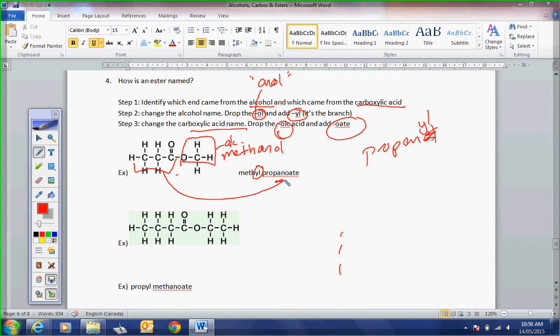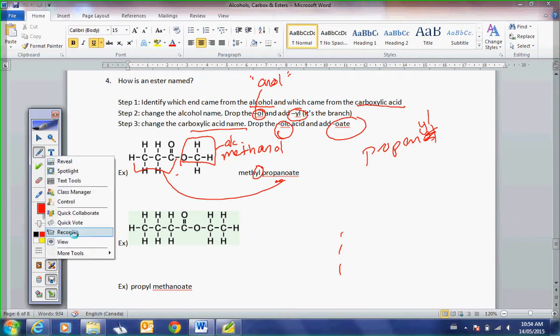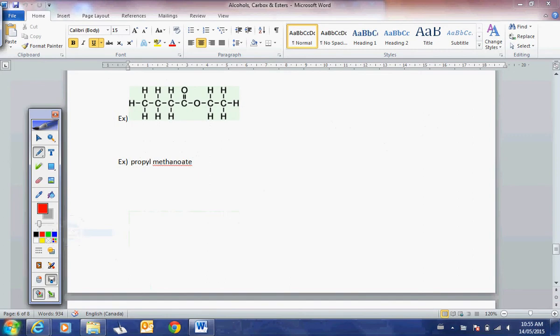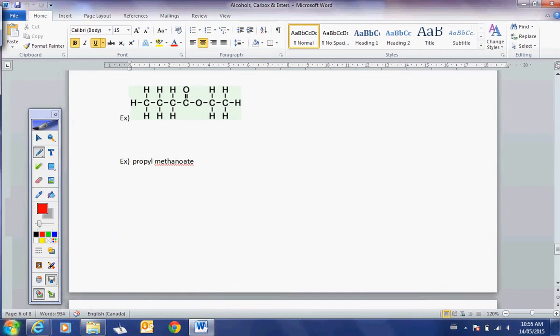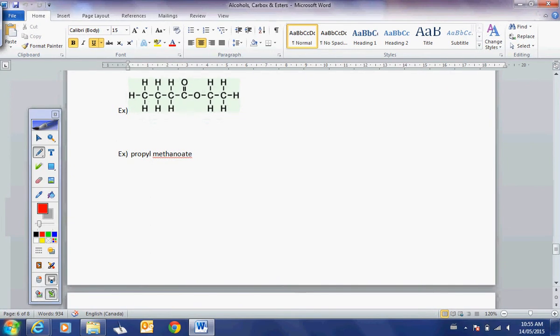So try this next one. Find the alcohol, name it, change it. Find the carboxylic acid, name it, change it. Okay, so this was the alcohol, and what was it called?